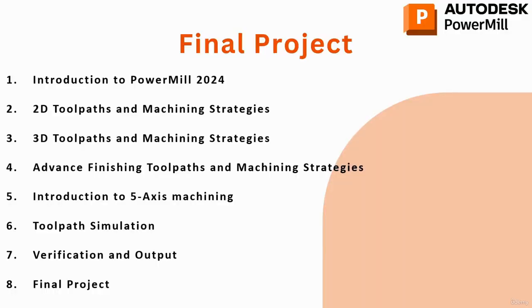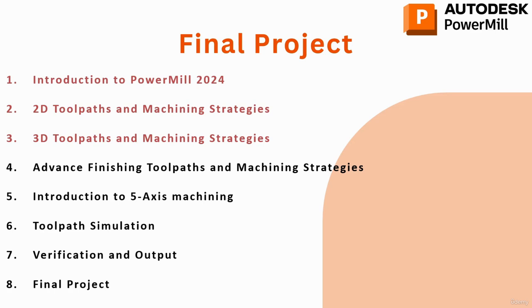As you know, we have already completed all the modules. These included the introduction to PowerMill, then the 2D toolpaths and machining strategies. Then we completed the 3D toolpaths and machining strategies, in which we covered the roughing operations and rest material operations.